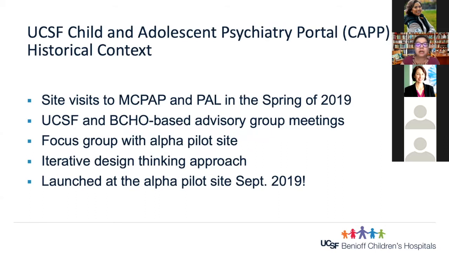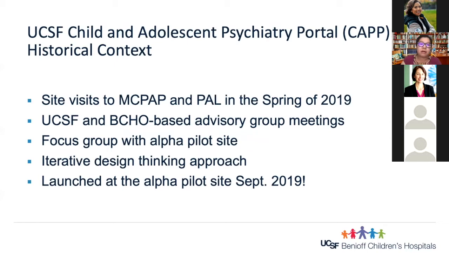So I want to talk a little bit about our program here at UCSF. We have a child and adolescent access line called the Child and Adolescent Psychiatry Portal, CAPP for short. This was a program that Dr. King really spearheaded and led.